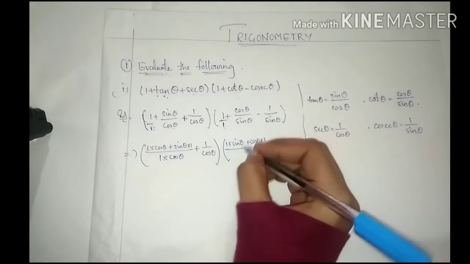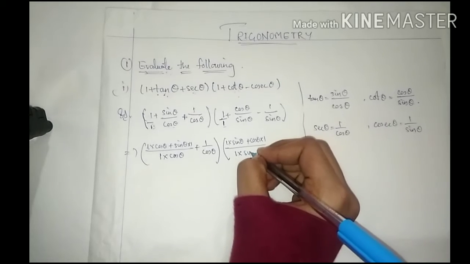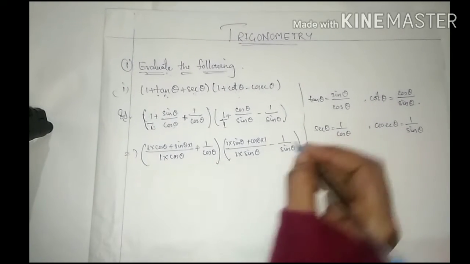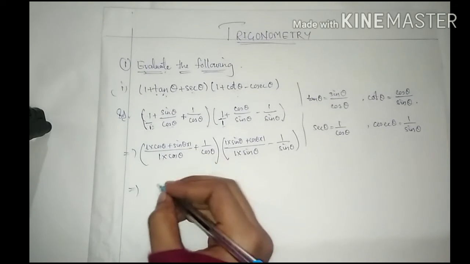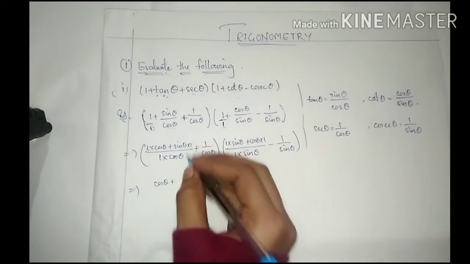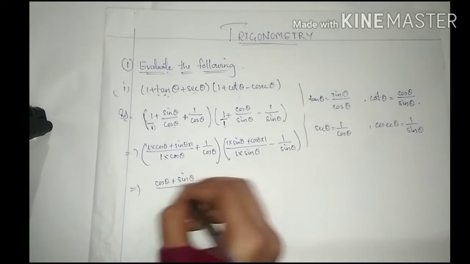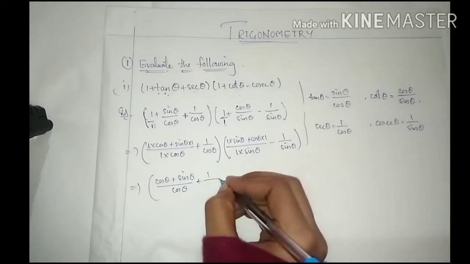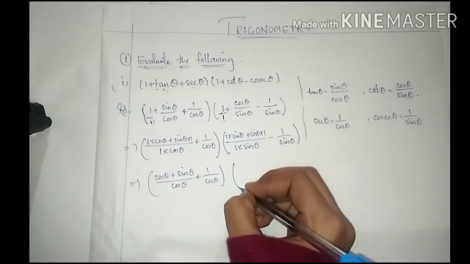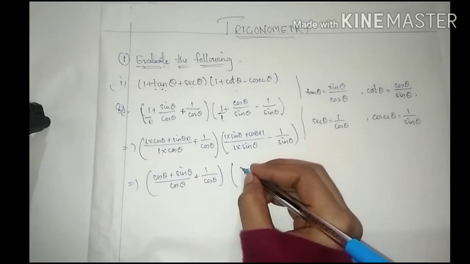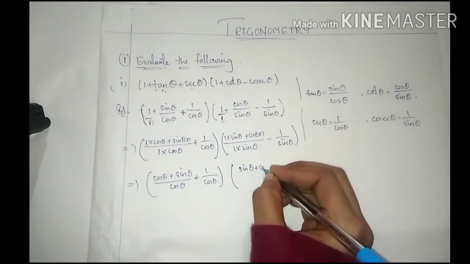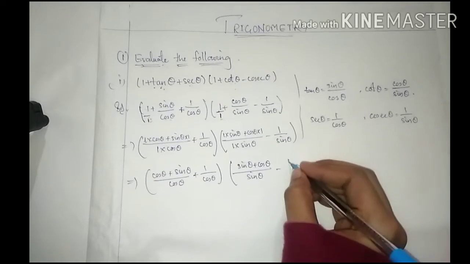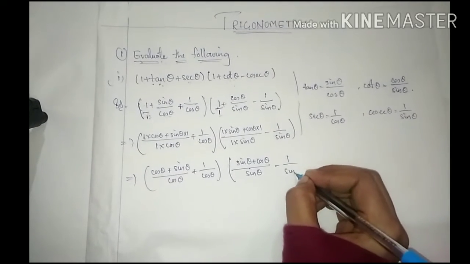So what you will get, 1 into cos theta you will get cos theta plus sin theta by cos theta, 1 into cos theta plus 1 by cos theta. Then 1 into sin theta plus cos theta, 1 into sin theta, then minus 1 by sin theta.